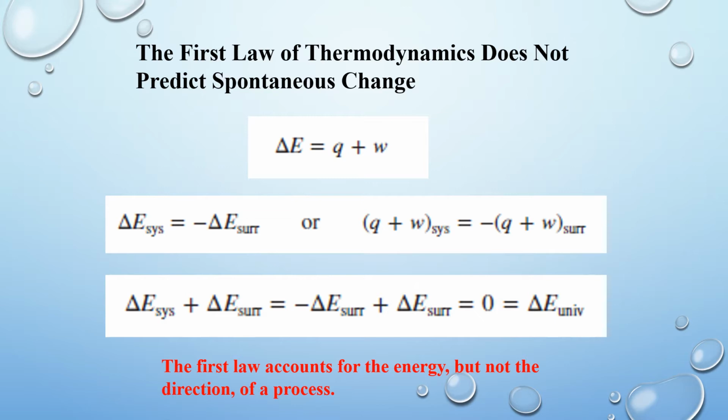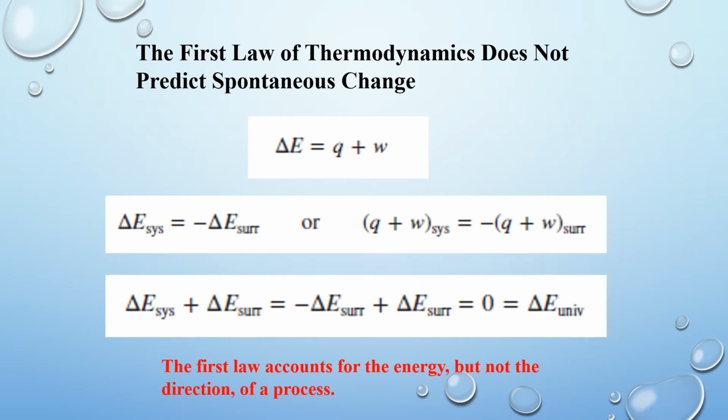In chapter 6, we said that the internal energy of a system could involve heat or work. So the change of this energy is related to the heat flow, either going in or going out, and the work, either work done on the system or work done by the system on the surroundings.